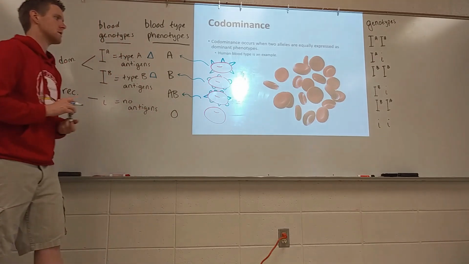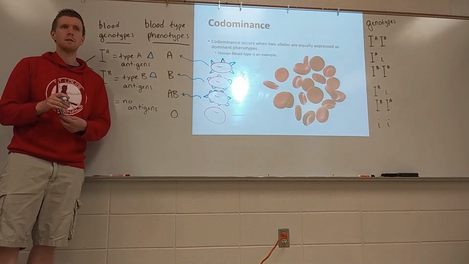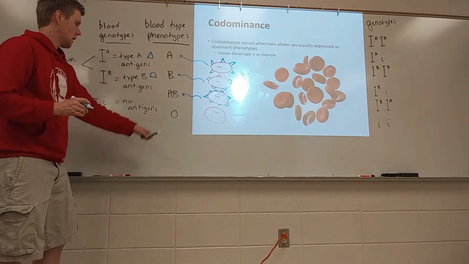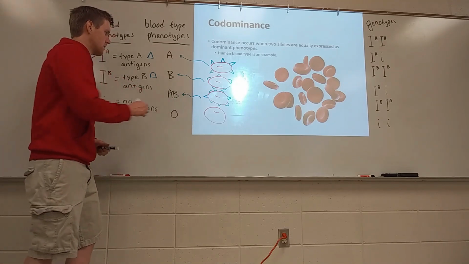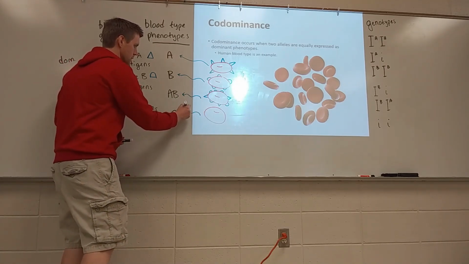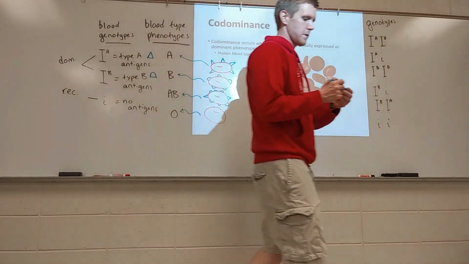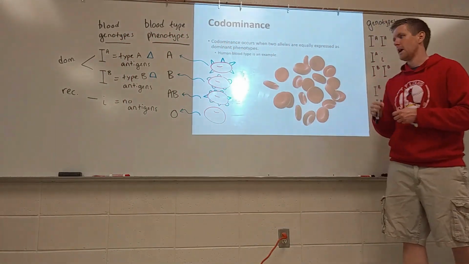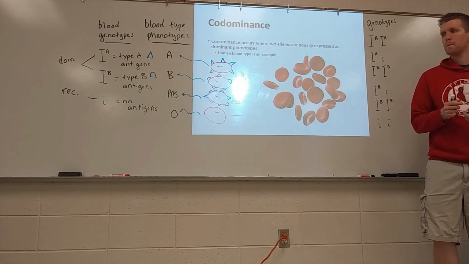Their body recognizes both A and B antigens as being normal. Type O blood is somebody that has no antigen recognition. So if you have type O blood, your body doesn't recognize any of those antigens as being normal.